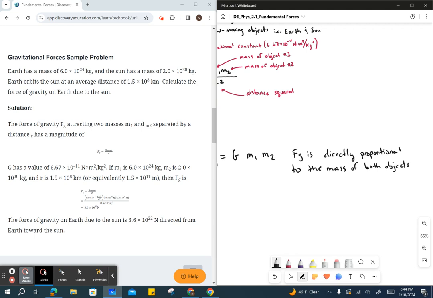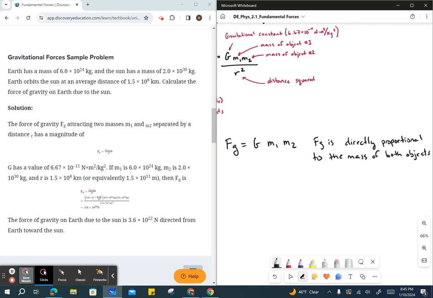That should make sense. If the mass of object 1 increases, then the force of gravity between the two objects is going to increase. If the mass of object 2 increases, then the force of gravity between those two objects is going to increase, okay? That's because these are in the numerator.